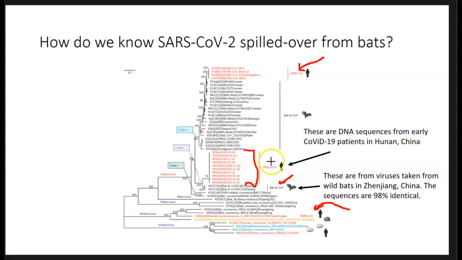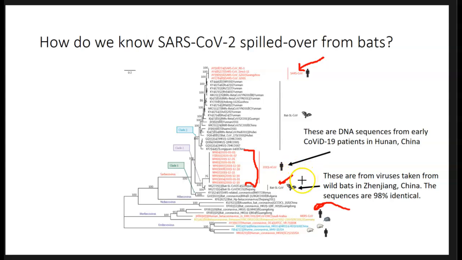And so we know that the sequence of SARS-CoV-2 is most similar to viruses that were found in wild bats and less similar to other human viruses that have been previously studied by researchers in labs. Right? So the virus is not similar to the laboratory viruses that we work with, and it is similar to a virus found in wild bats.